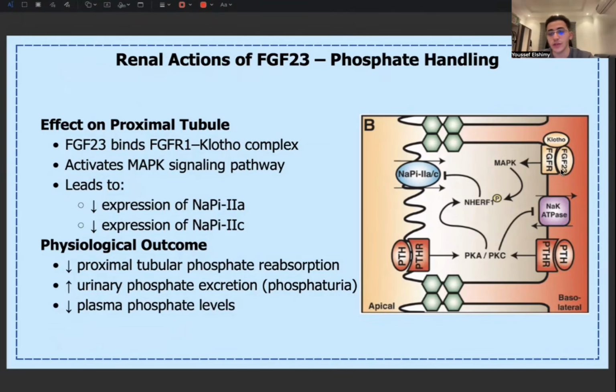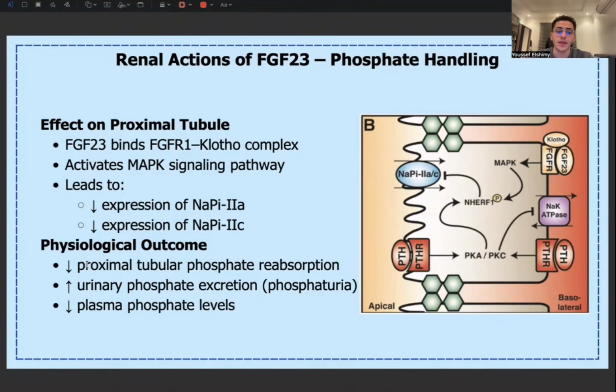So FGF23 binds to the FGF receptor with the help of the co-protein, and this leads to an increased activity of MAPK. Once MAPK increases, it decreases the expression of sodium phosphate 2A and 2C. If there's a decreased expression of these, it would lead to decreased reabsorption of phosphate.